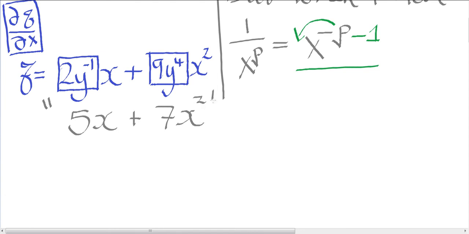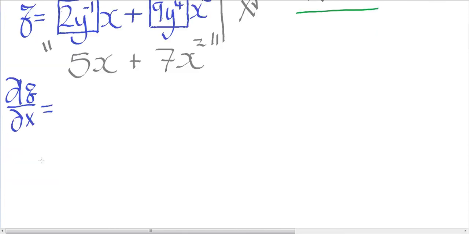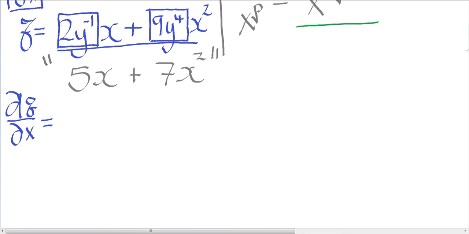Okay, so now I need to differentiate z with respect to x. So I have del z del x equals, so if it was 5x, you would just say the derivative is 5. It's the same idea with that box. Read that as box x plus box x squared. The box is just left over on its own, so the only thing that stays there is the box, and just put whatever was in it back into the box.